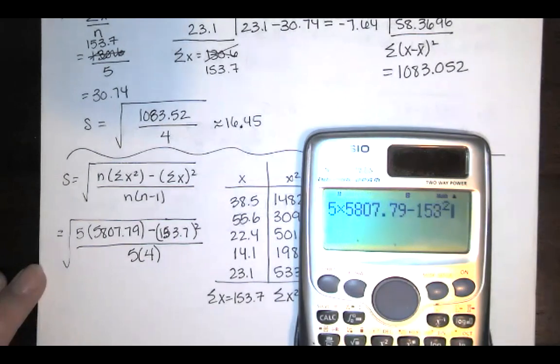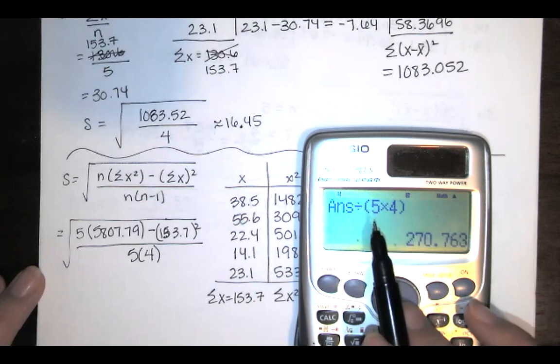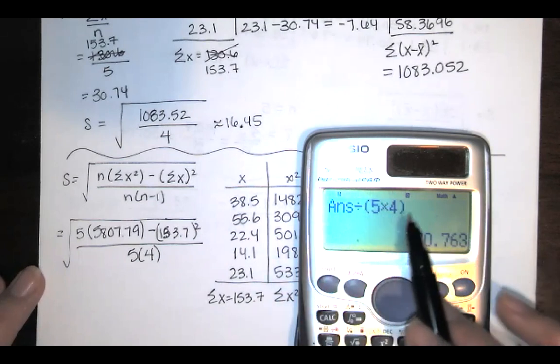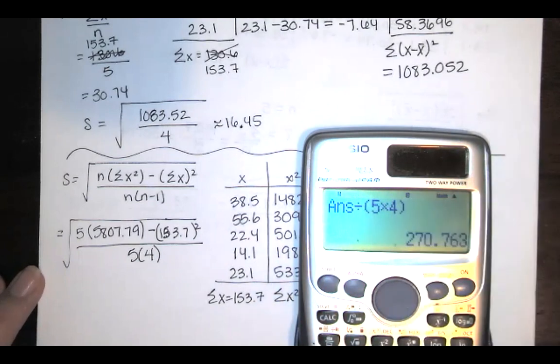So I'm going to focus on that numerator first. So I compute that. And then I'll divide that by either 20 or open parentheses 5 times 4. Make sure you have those parentheses there if you're not going to do the arithmetic in your head. Otherwise, it'll divide the result by 5 and then take the answer of that and multiply by 4. We want the 5 and the 4 in the denominator, so we need the parentheses.